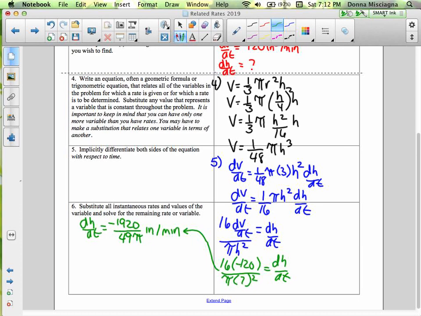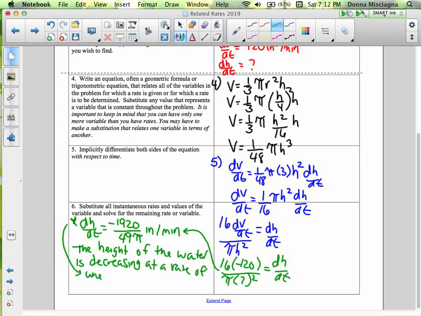All right, so this is the rate of height. The height of the water is decreasing at a rate of, I don't have enough room to write that in, but it's this right here, when the water level is 7 inches.